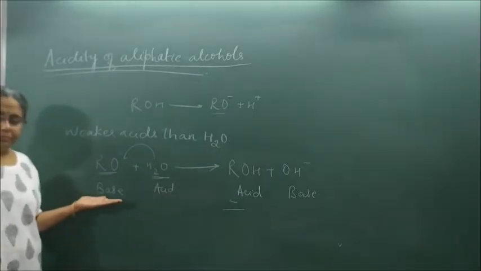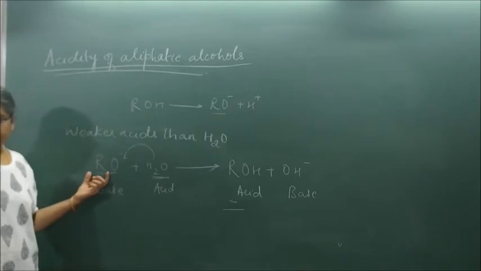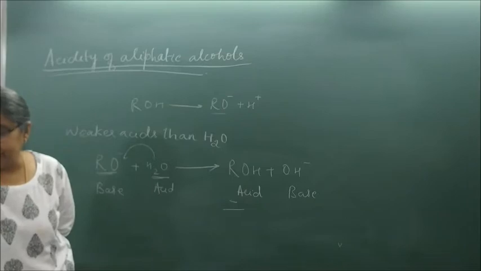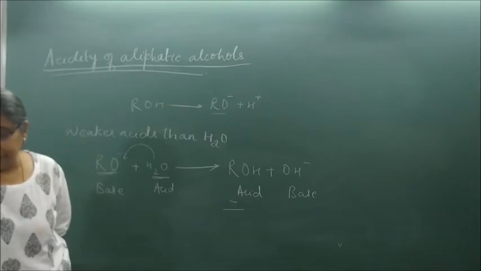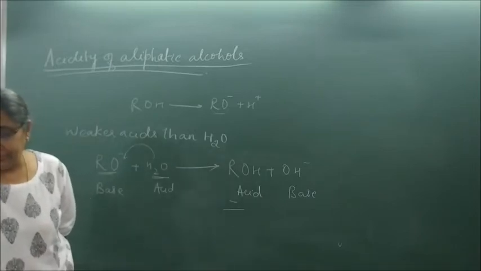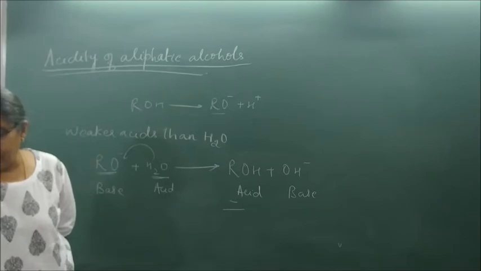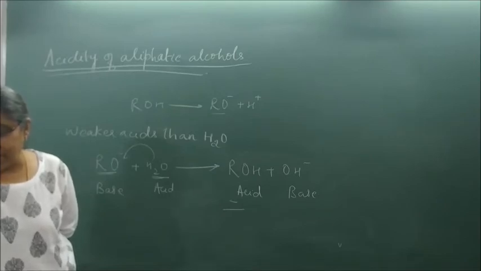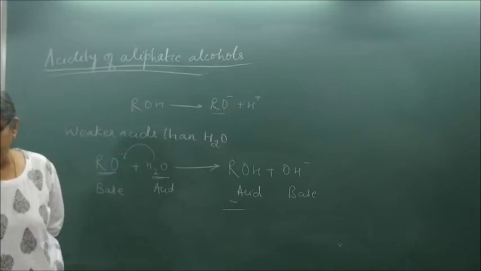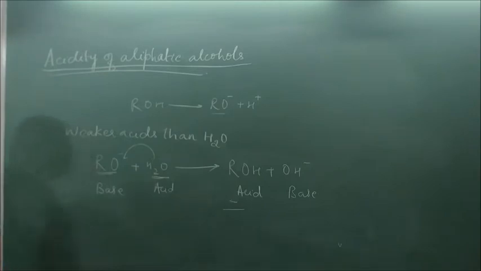Because alkoxide ion is a better proton acceptor than OH minus ion, which shows that alkoxide is a stronger base.